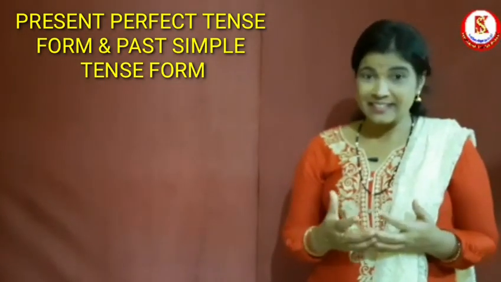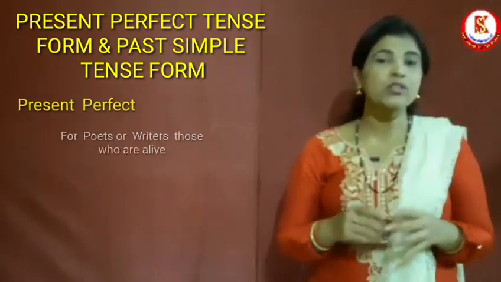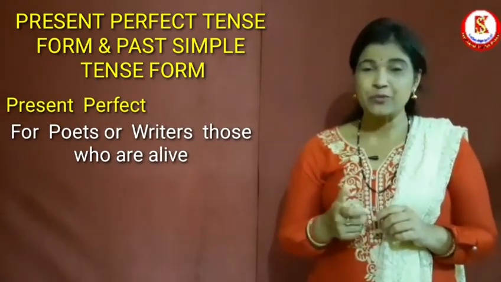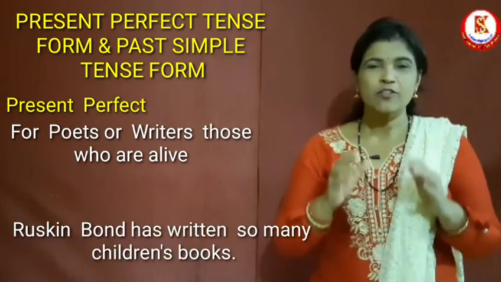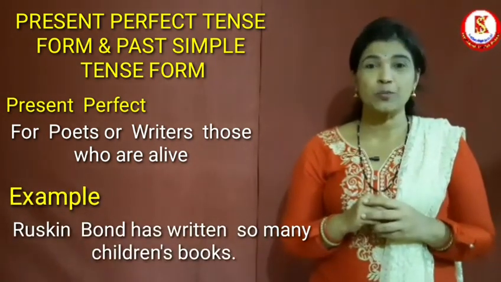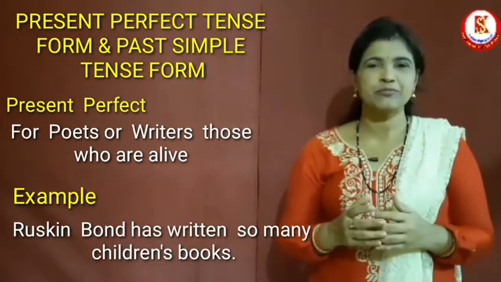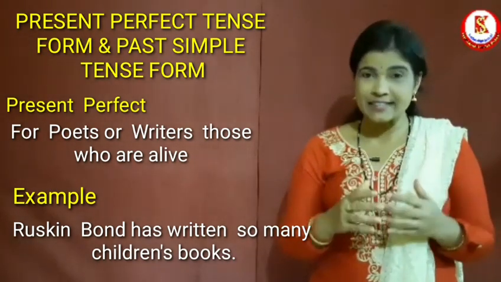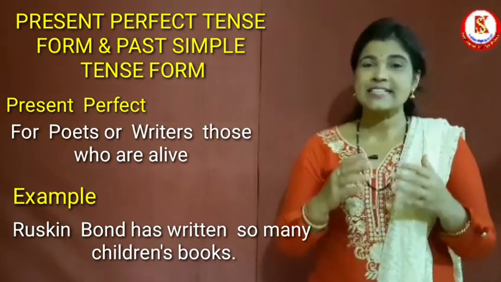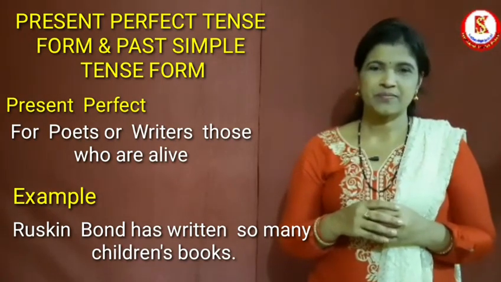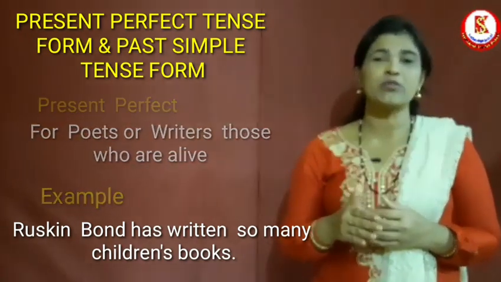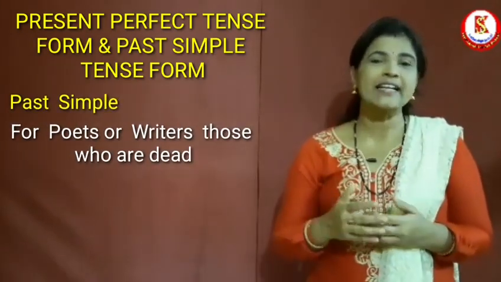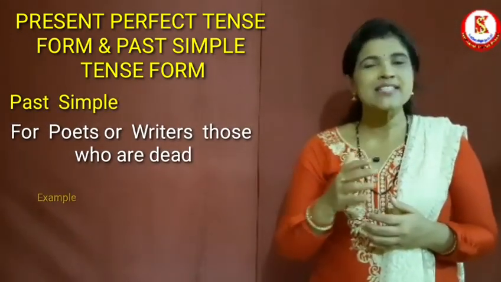Secondly, if we are talking about poets or writers, then we use present perfect for those writers or poets who are alive. For example, Ruskin Bond has written so many children's books. But while talking about writers or poets who are dead, we have to use past simple.